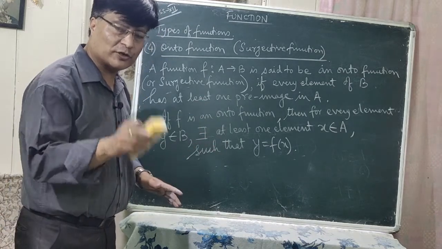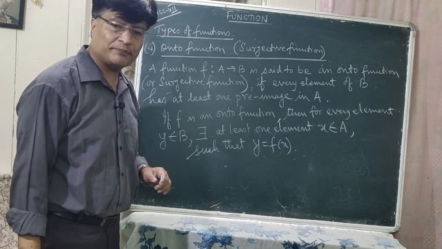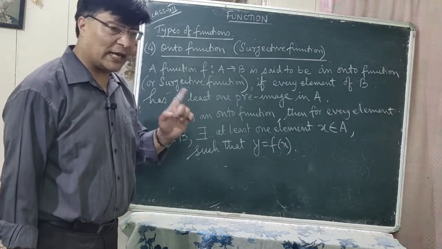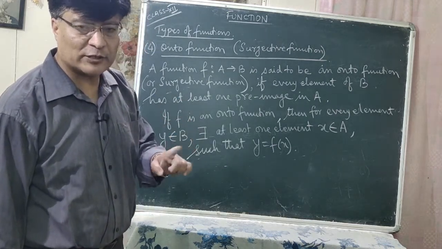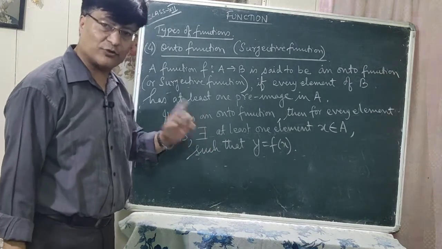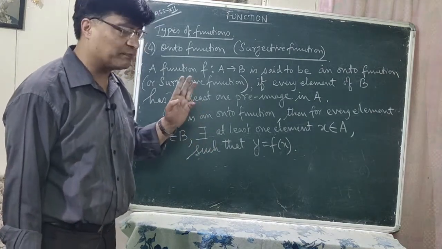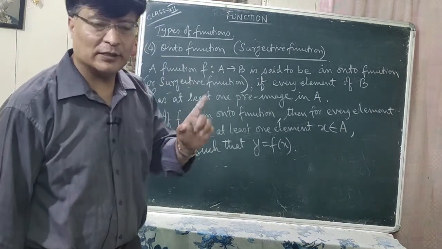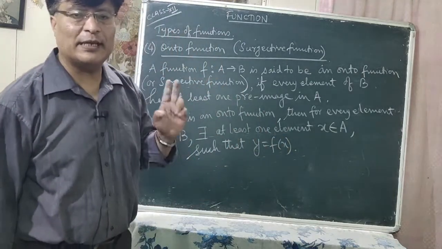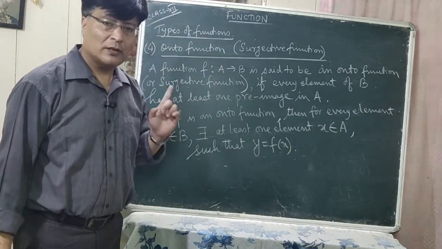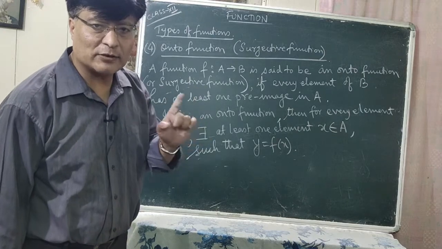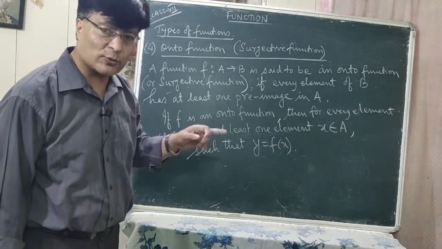Understood? What do we have to prove for onto function? For one-one function, f of x1 is equal to f of x2 implies that x1 is equal to x2. What do we have to prove for a one-one function? We know that f of x1 is equal to f of x2, which implies that x1 is equal to x2.